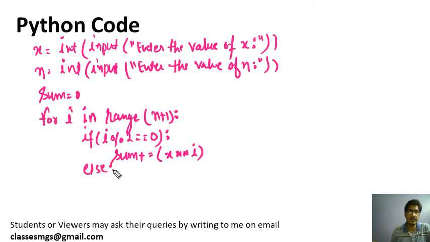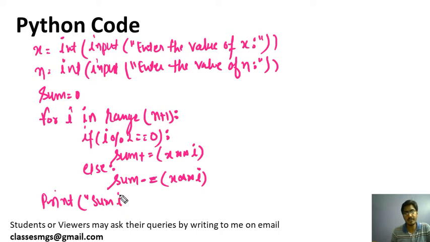Otherwise, in case of an odd term, we need to subtract: sum minus equals x double star i. At the bottom we will print "sum is" and write this sum.